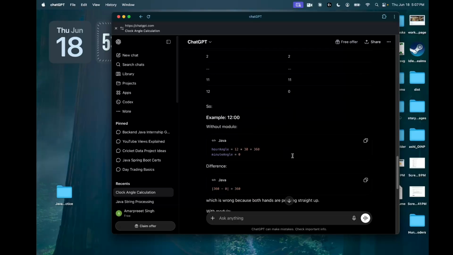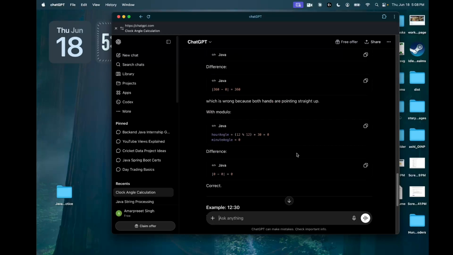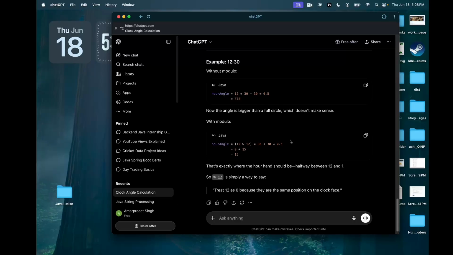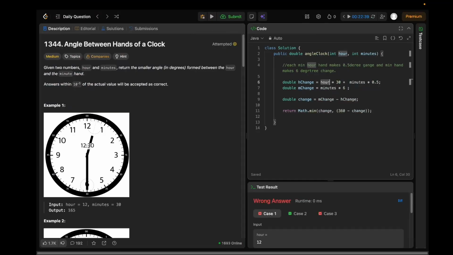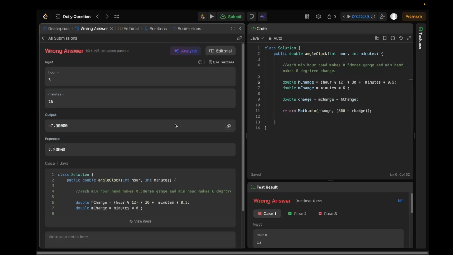So for example, the hour modulo 12 times 30 plus the minutes, and then take the absolute value of the change.